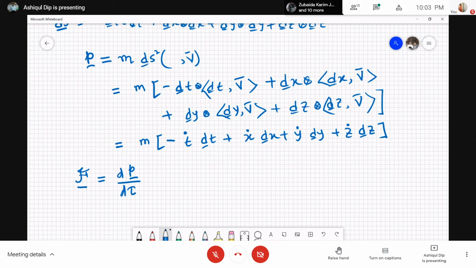So let's expand it, because we are going to use it here. So for a slow moving object, the object you are observing is moving really slow. Then what's your t dot?